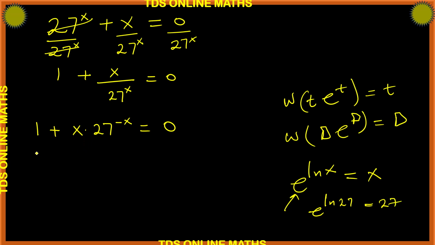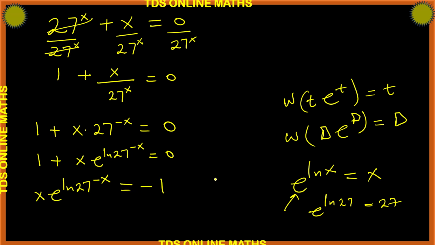So we have 1 plus x, and the 27 is the same as e raised to ln of 27, raised to minus x, equals 0. So let's send the 1 to the other side. So we have x e raised to ln of 27 raised to that equals -1.